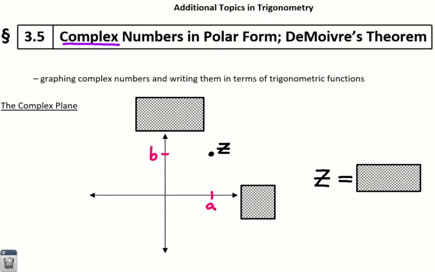Well, just to kind of fast track it, a complex number is a number in this form, or it can be in that form, I guess I should say, considering what's in our future.